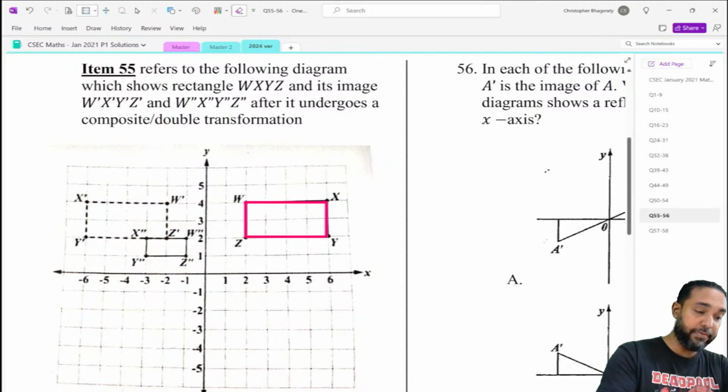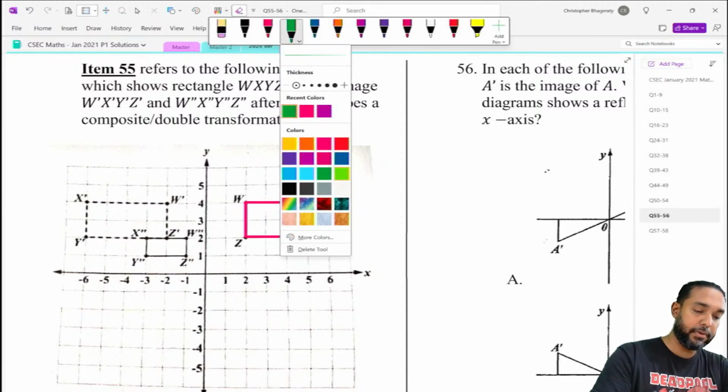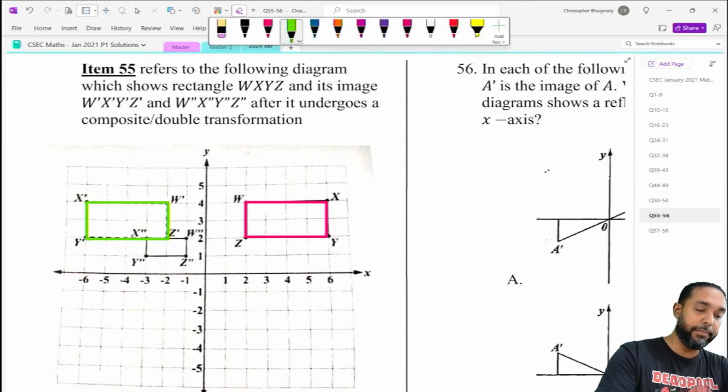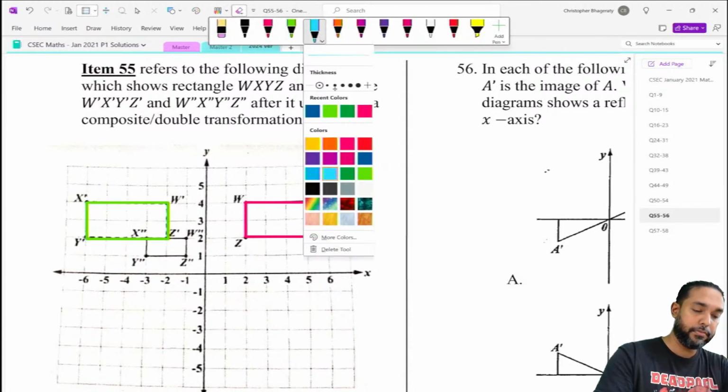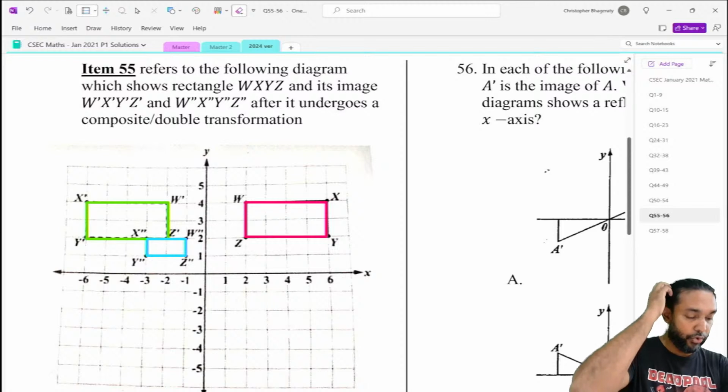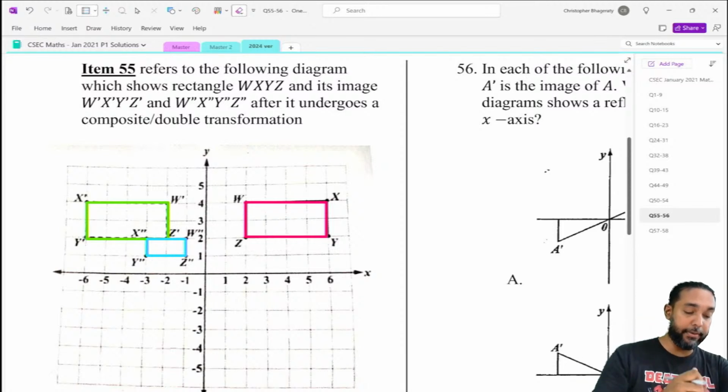So we're starting off in the pink, right? Then we go into the green. That alone is a reflection, right? And then we're going to finish off in the blue. And there's a bit of an overlap there. So it goes pink to green to blue.